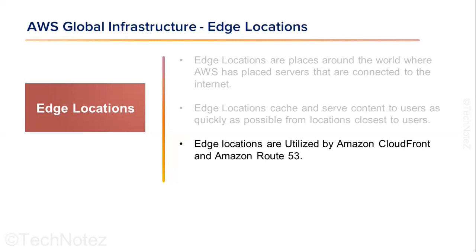For example, if you wanted to create a single page application and you want to be sure that your application could be served as quickly as possible to all the users across the globe, and let's say you have a user in South Africa or from another part of the world where AWS doesn't have its region, well, you could make sure that your application could be served from the edge location in South Africa via Amazon CloudFront instead of making the users go to wherever the next closest AWS region would be. So AWS edge locations actually increase the performance of the application for the user.